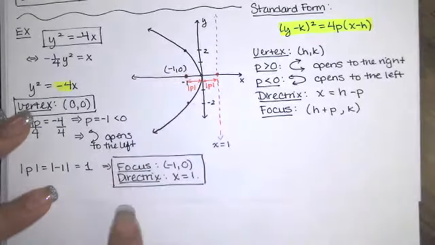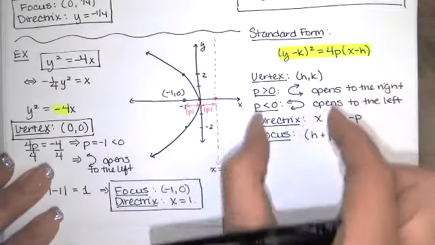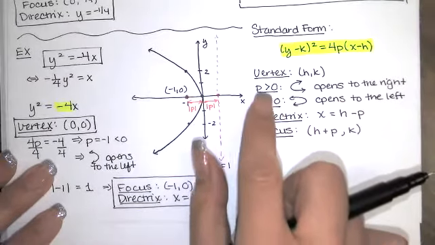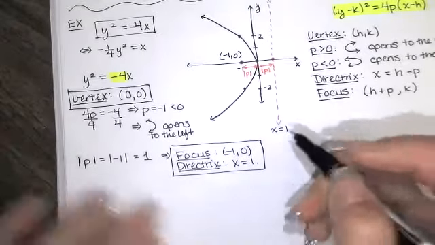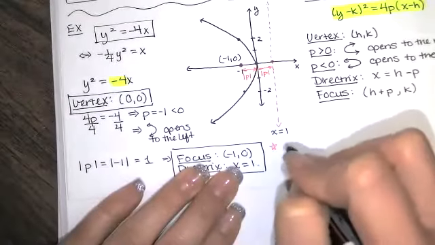But again, I don't memorize this. I remember the standard form, the vertex, whether p being positive or negative tells me the graph opens to the right or to the left, and the fact that the focus and the directrix are absolute value of p units from the vertex. I keep saying that, I haven't written it down yet, I guess I should write it down.